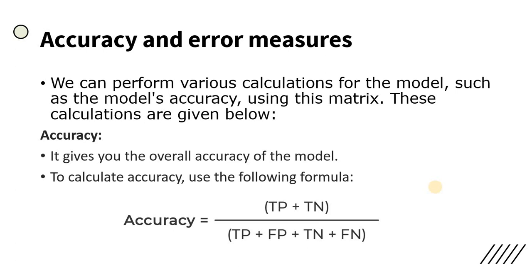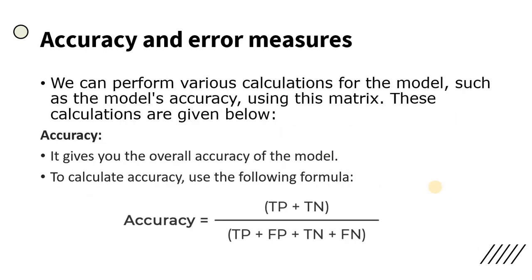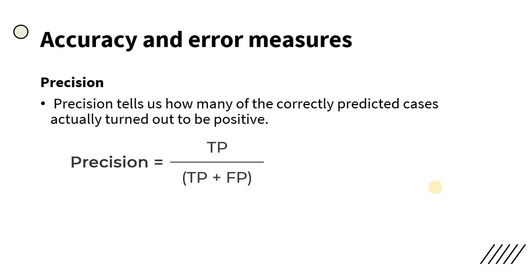The formula for accuracy is true positive plus true negative divided by the total, meaning true positive plus false positive plus true negative plus false negative, and all those values we can get from this confusion matrix. So these are the derived measures from the confusion matrix.